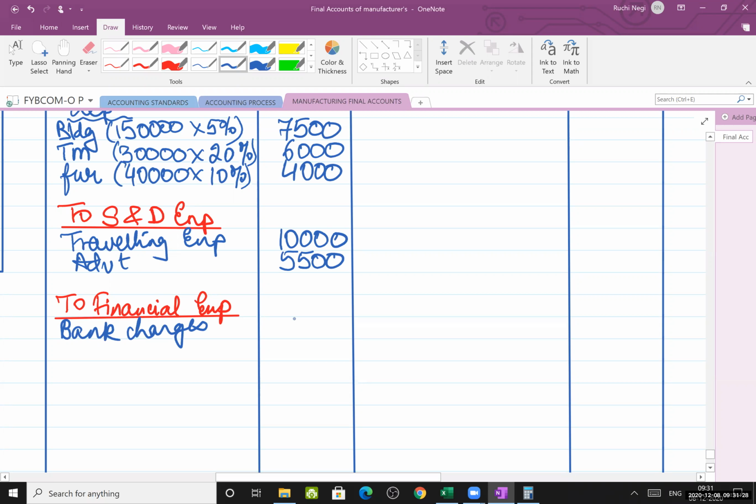You can even take the amounts in the inner column and total in the outer column, that will also work, or you can take them directly in the outer column. Okay. Then discount. Okay, discount 3,300.